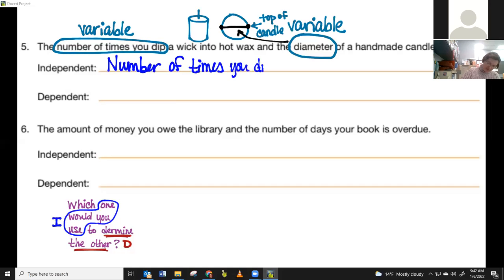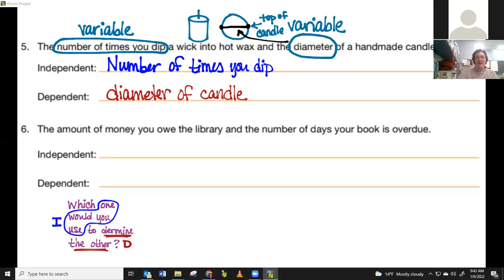Number of times you dip. As my daughter was doing this around this circle, every time she dipped the candle, it got bigger and bigger and bigger. And so how many times she had dipped it determined the diameter of that candle.